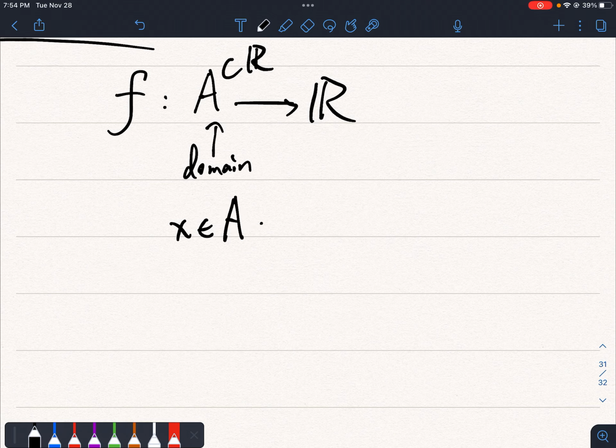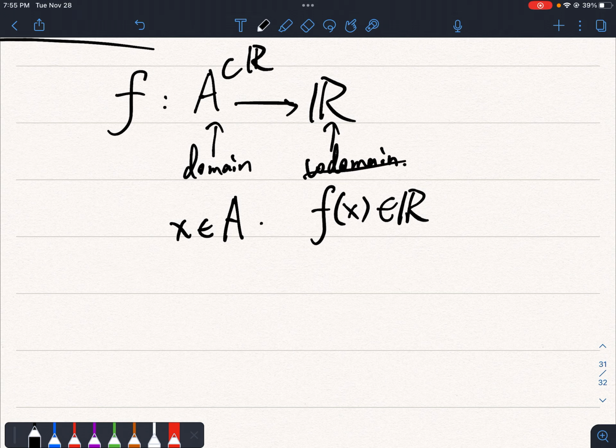So if x is in the domain, let's say x is in A, then we have to assign to x a value, let's call it f of x. So it has to be in this codomain R. A codomain is some big set that contains all the values, right? All the f of x are called the values of this particular function.